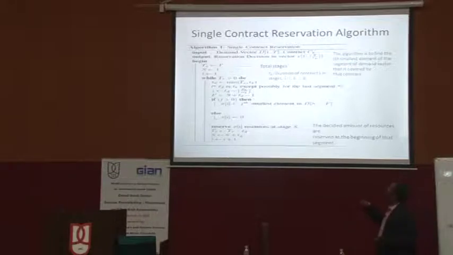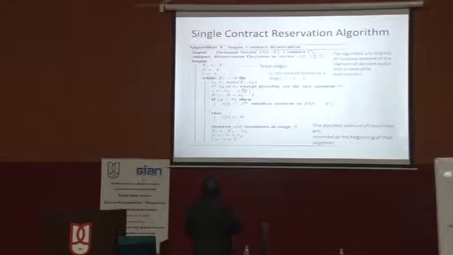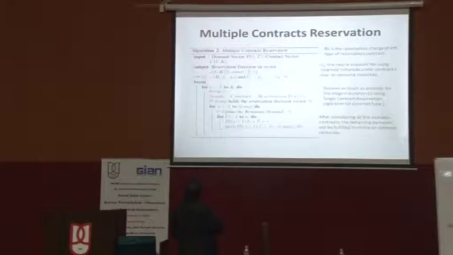Now, you can actually do this also for multiple contracts. So, for one contract, then for multiple contracts. For one contract, you call this single contract, and you try to reserve one at a time. So if you have 4 or 5 contracts, the single one solves each one of them.